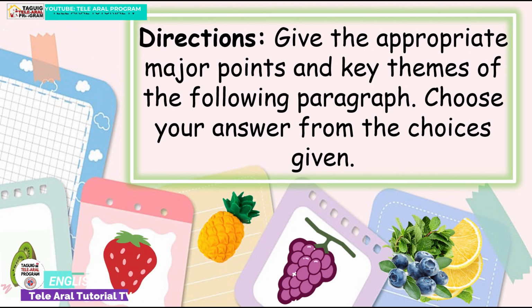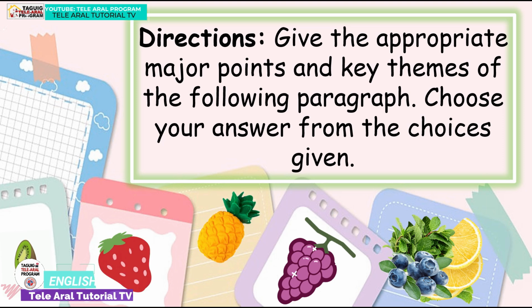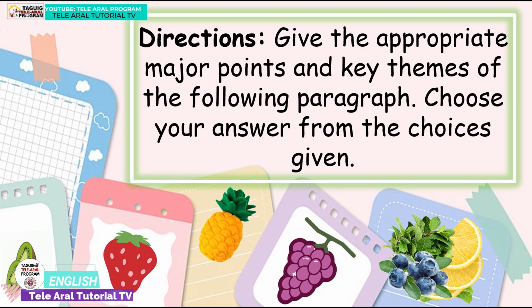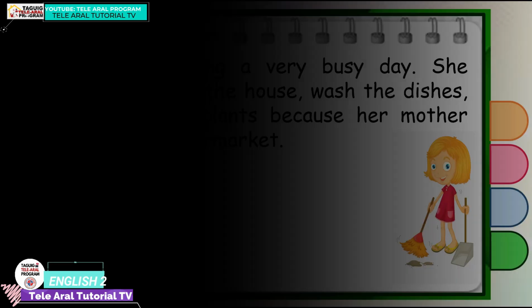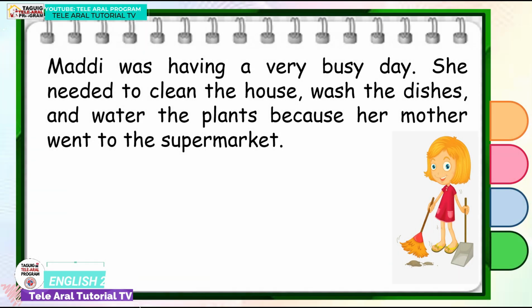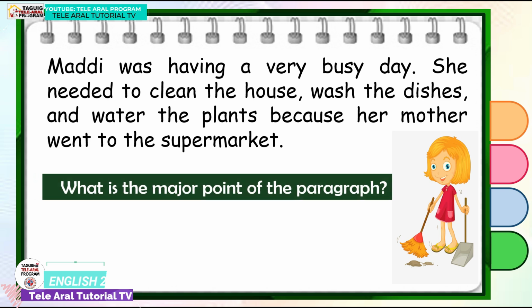Direction. Give the appropriate major points and key themes of the following paragraph. Choose your answer from the choices given. Maddie was having a very busy day. She needed to clean the house, wash the dishes, and water the plants because her mother went to the supermarket.